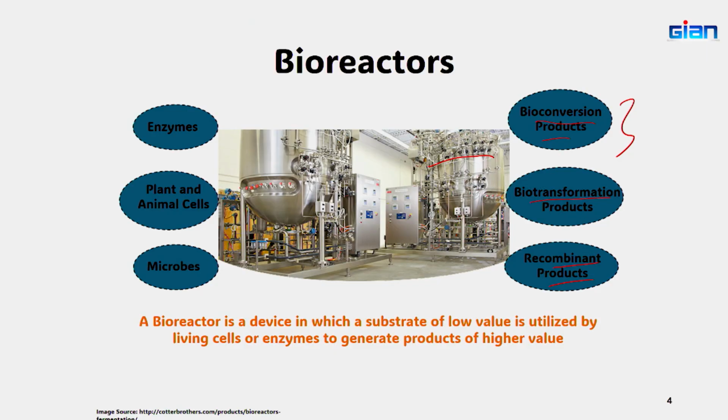So a bioreactor, by definition, is a device in which a substrate of low value is utilized by living cells or enzymes to generate products of higher value. Now, substrate of low value: if you are using pure glucose or pure fructose or galactose, they are not cheap.